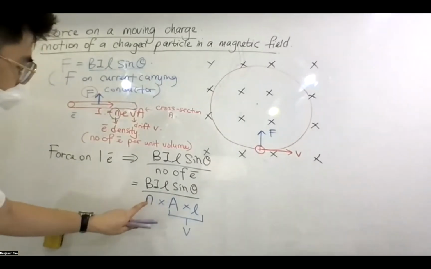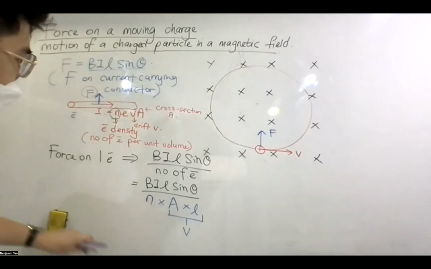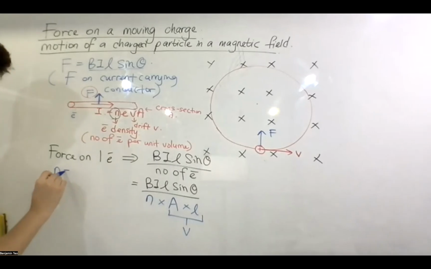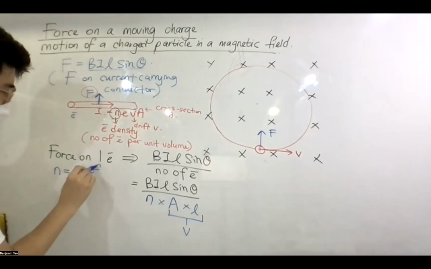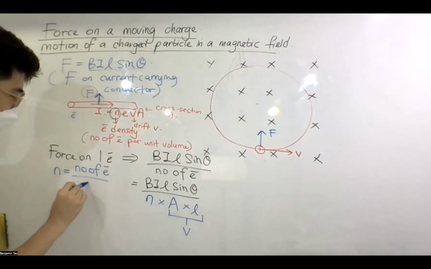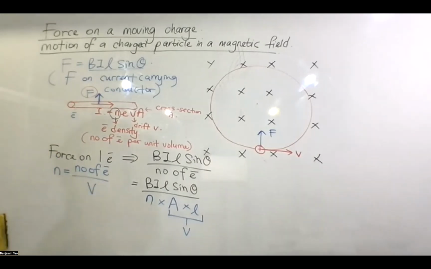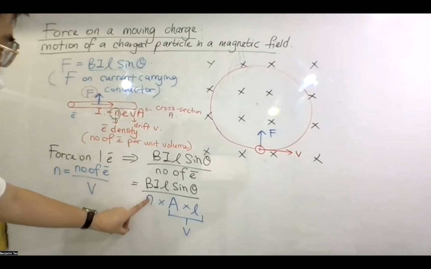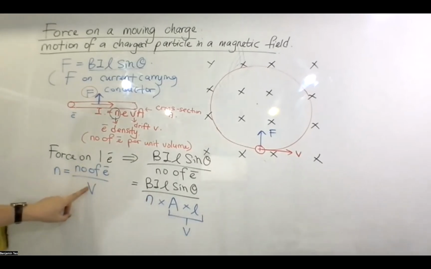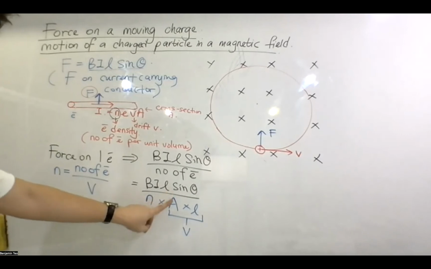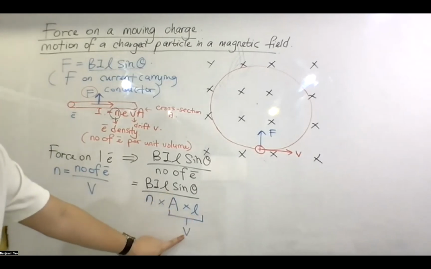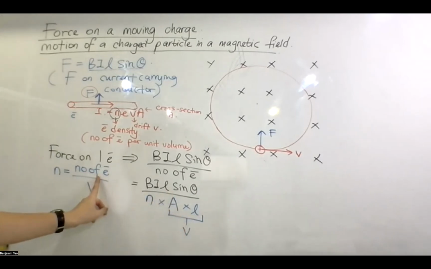What is electron density? It is the number of electrons over volume. If you take the number of electrons over volume times the volume, what do you get? You get the number of electrons.